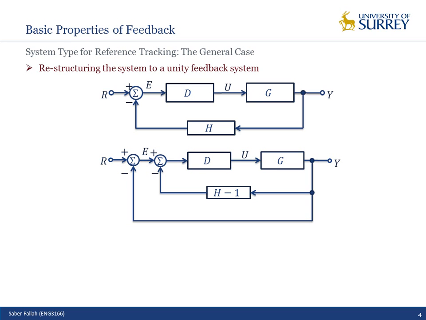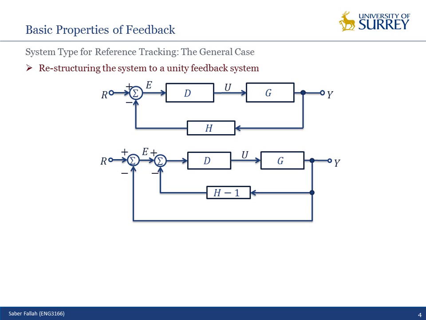Okay. The transfer function from the input to the feedback before closing the feedback of the system. For example, if you start from this point and calculate the loop, you will have the loop gain as DGH.